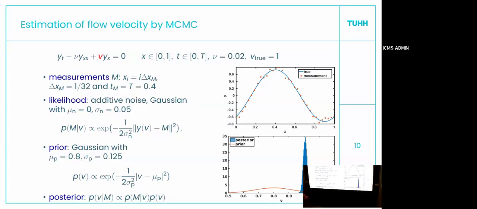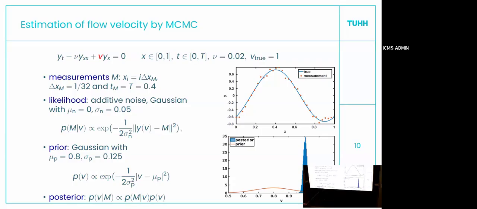This might or might not be the right thing for the application, but it is the choice here. The likelihood function measures the deviation from our forward model with a given velocity to the measurements. And for the prior, we just choose, well, we don't know a lot, so it's a rather flat prior centered around a wrong value.